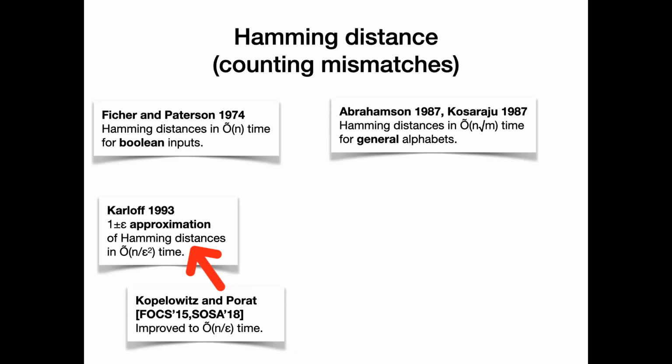Then Kopelowitz and Porat improved it. You might think that this epsilon squared, coming from the analysis of the variance of a process, is tight, but in fact, being smarter about the projections, you can get n over epsilon time. And this is the actual state of the art for the approximation version.